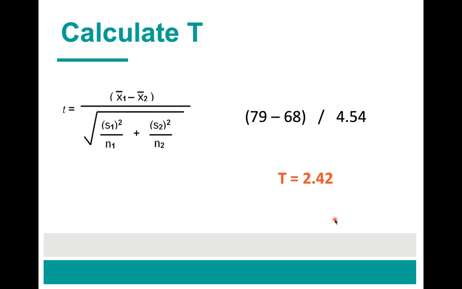So now that we know our denominator is 4.54, we can just replace all of this algebra with the number 4.54. We already found the mean of expressive writers and the mean of non-expressive writers. It was 79 and 68.